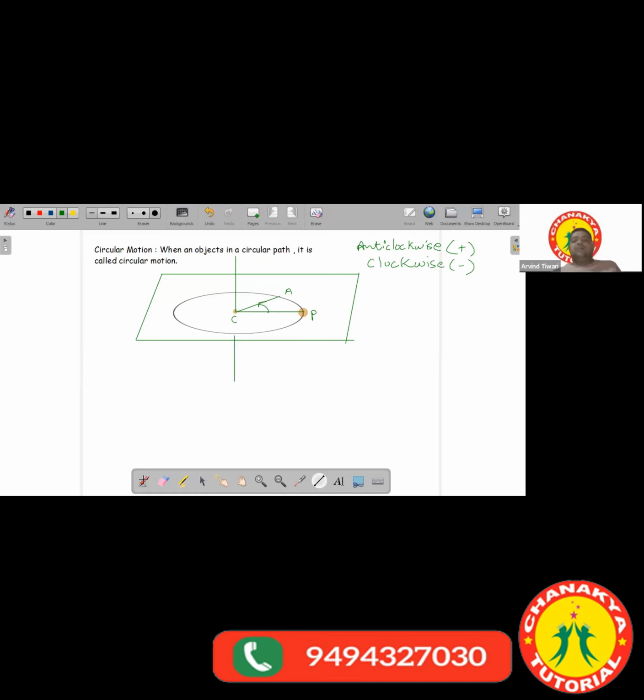Also, we had discussed that angular displacement is given by the letter theta, and its SI unit is radian. It is measured in radian. And I talked of angular velocity.